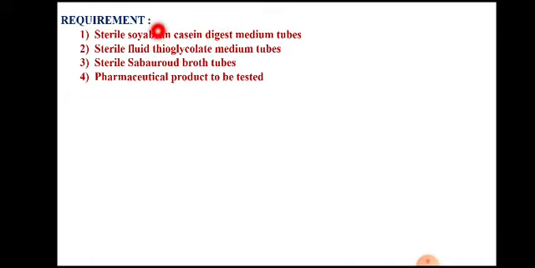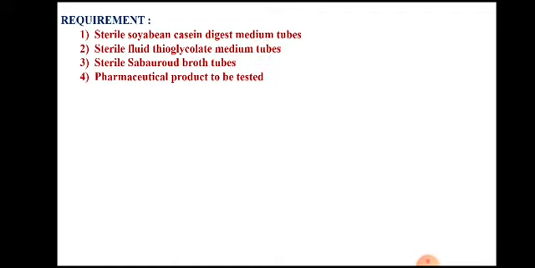So this will favor the growth of aerobes, particularly aerobic bacteria. Sterile fluid thioglycolate medium tubes, as I said, will be useful for detecting the growth of anaerobic bacteria. But principally, this medium will allow the growth of almost every kind of bacteria with differences in oxygen requirement, so it is used as a differential medium.